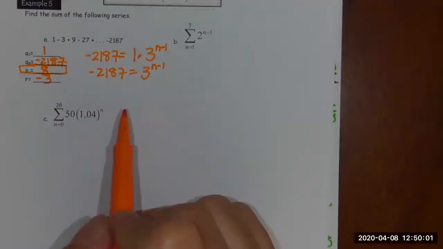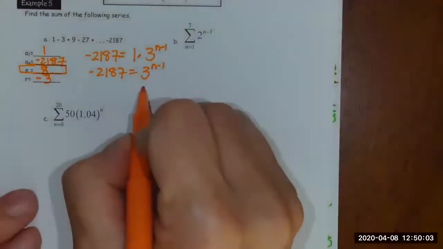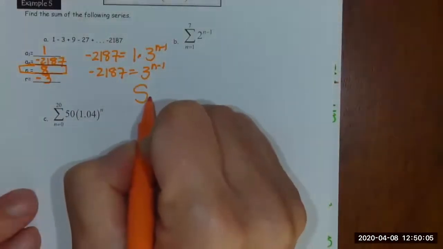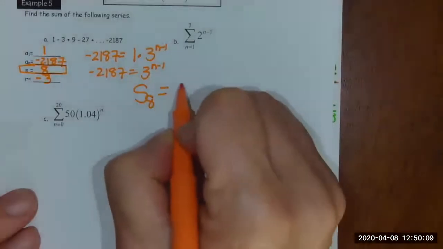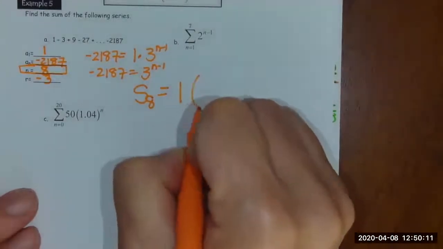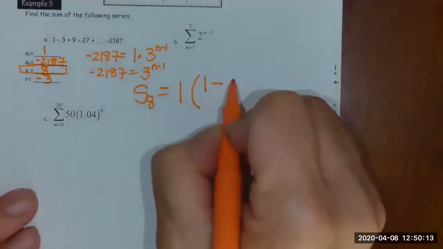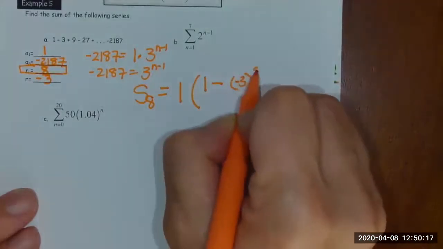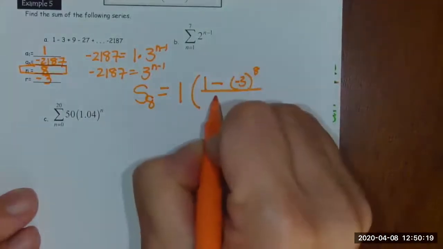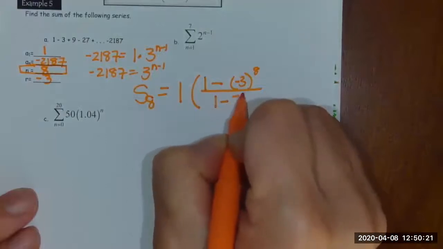Once we know that, we can just plug everything into the sum. So the sum of the first 8 numbers equals a1 times 1 minus negative 3 to the 8th over 1 minus negative 3.